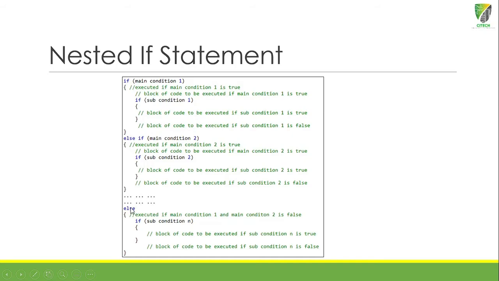Pwede rin namang rekta na tayo kay else. So, sa loob ng else, meron din tayong nested if statement na nag-umpisa rin sa if condition. Take note, sa loob po ng nested if statement, hindi lang if yung pwede nating ilagay. Pwede rin tayo dyan magdagdag ng else if and also ng else.